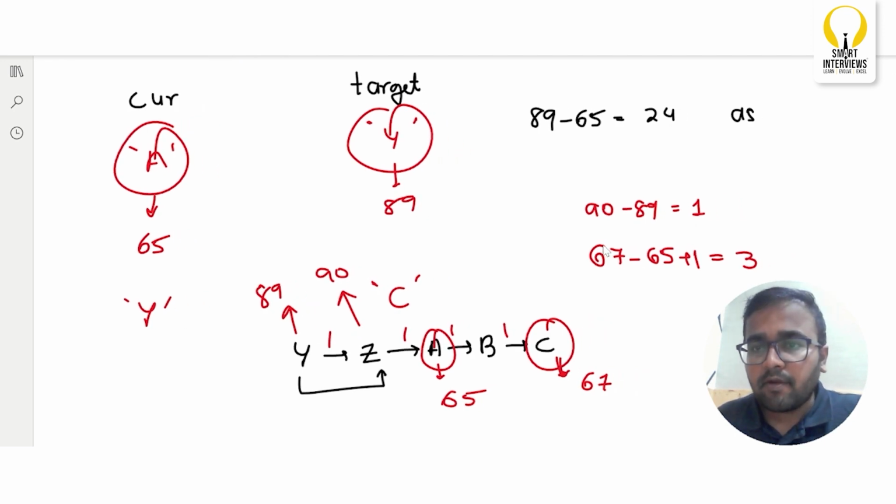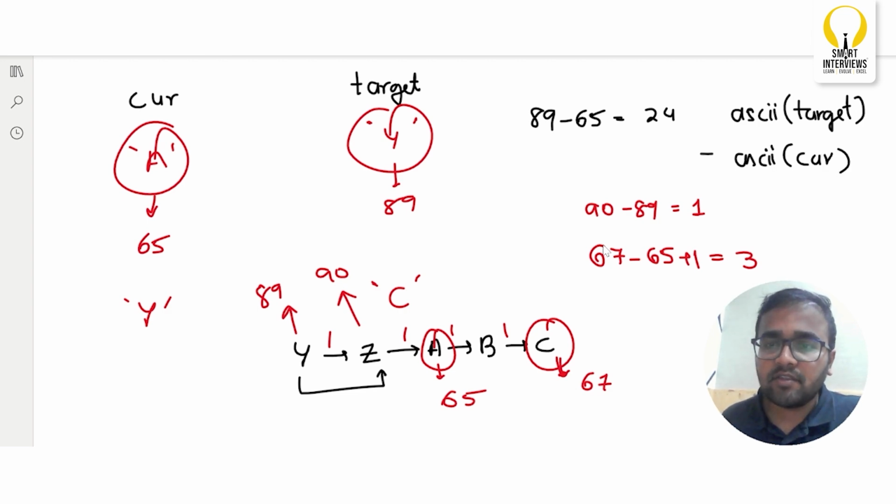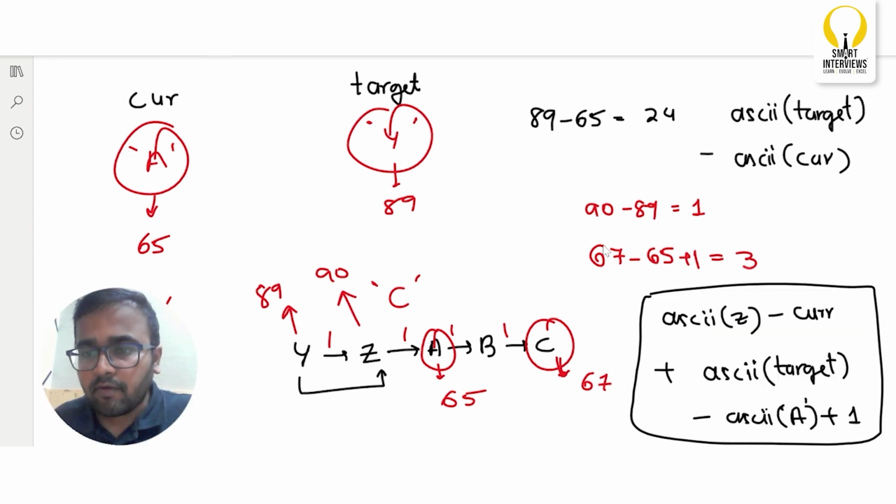So in general what we are finding is, in the first case it is simply the ASCII of target minus ASCII of current. But in the second case we are first jumping to Z. So for that you will take ASCII of Z, minus ASCII of your current first, then ASCII of your target minus ASCII of A plus 1.